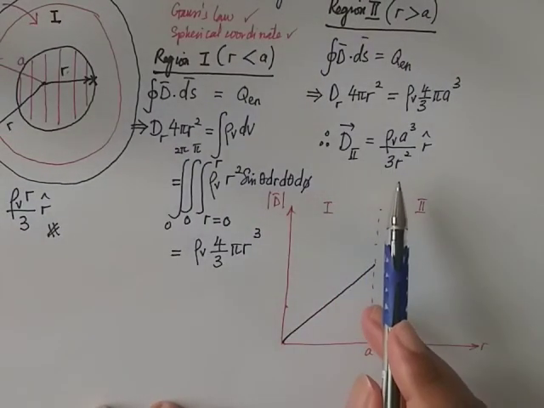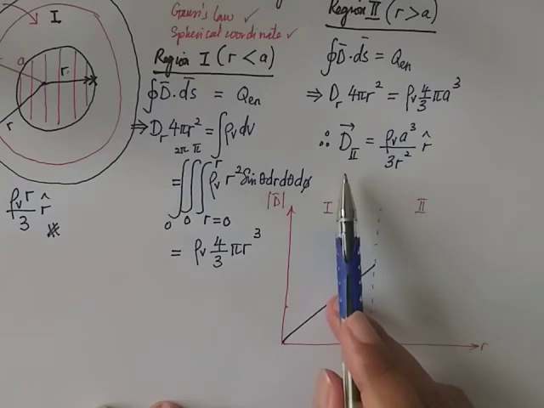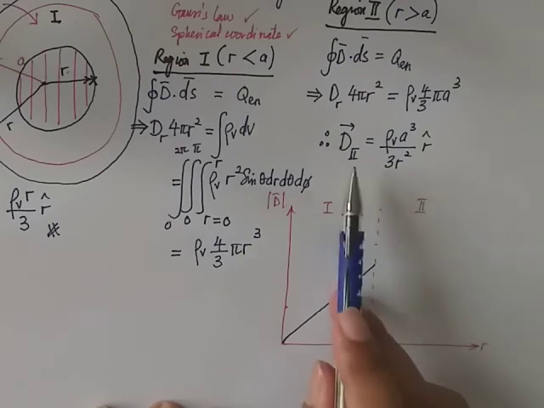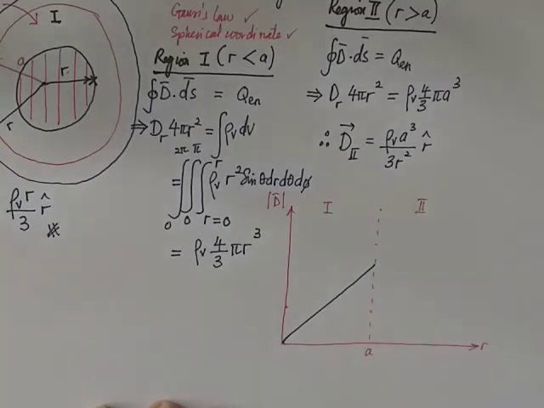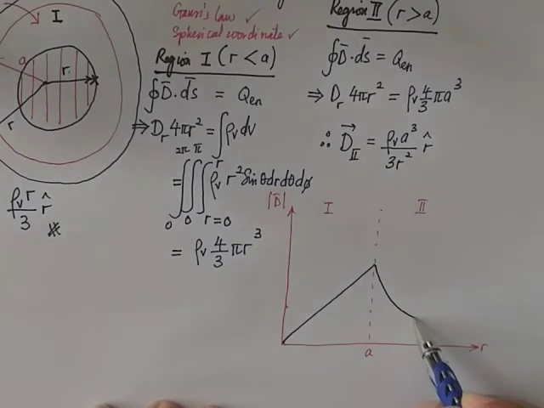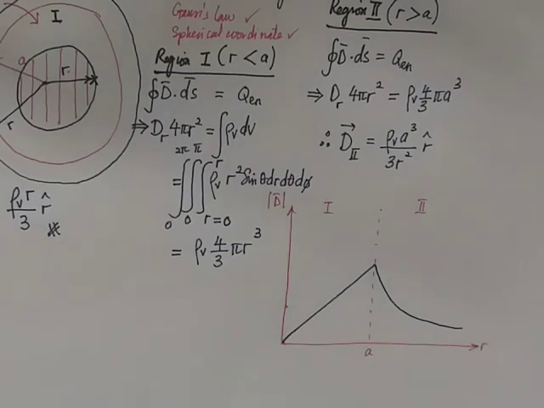I can see now that r is at the denominator of this mathematics, so D is going to decrease as r increases. So it's not linear, it's going to be decaying, maybe like this. That should be the field pattern of the field distribution due to the volume charge, referring to question number 3 of handout number 5.